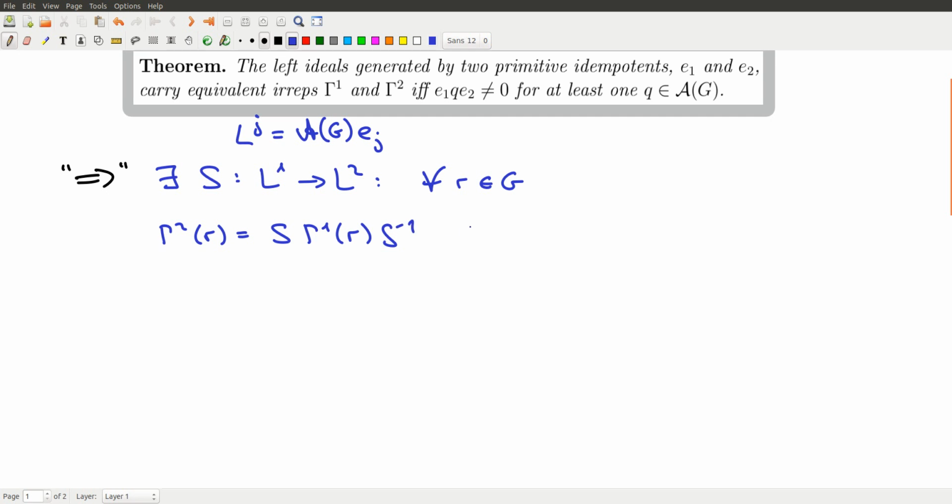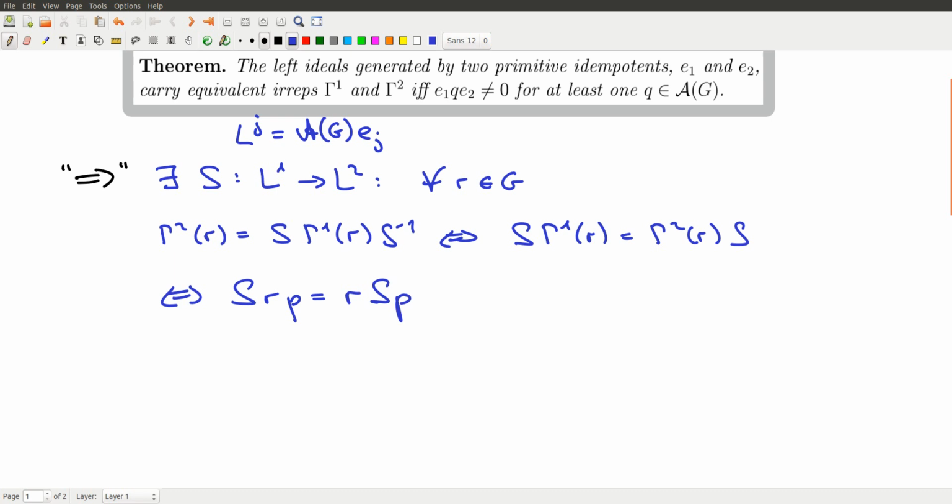Or if we want to rewrite this, that's just S gamma 1 of R is equal to gamma 2 of R S. Okay, but let's spell this out on the group algebra as this. S R P is the same as R S P, let's say for all R in the group. That's what we had here.